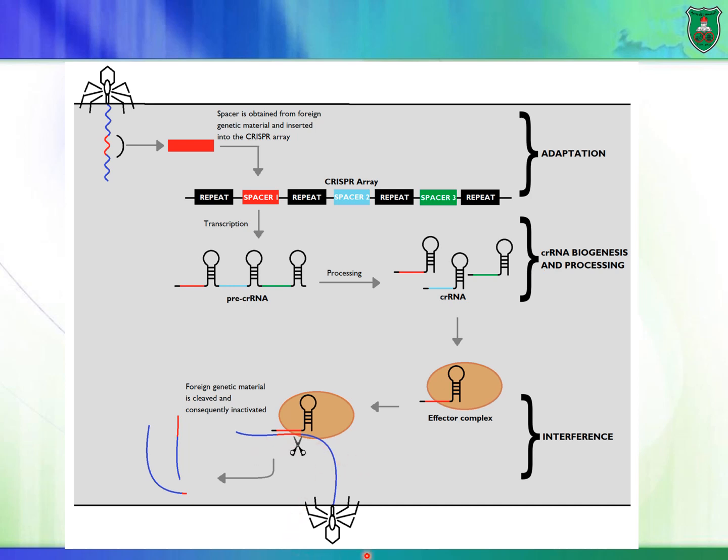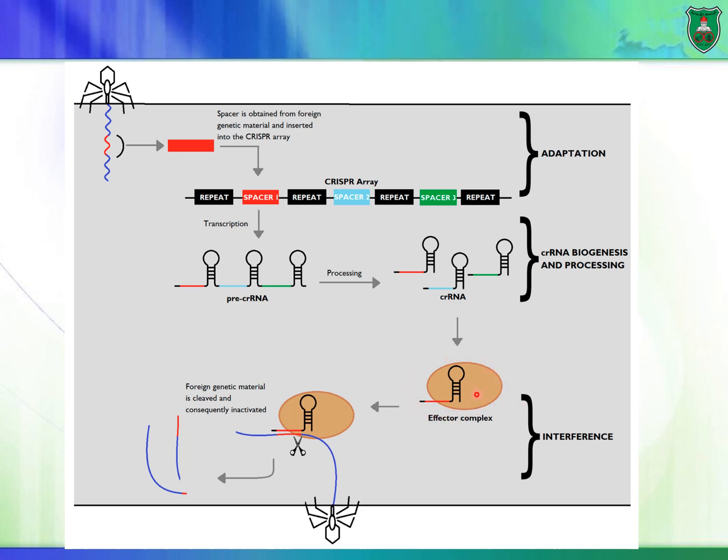But this bacteriophage is not successful in infecting cells. The reason is that the CRISPR genetic system is transcribed into RNA, and part of this RNA is taken, okay, so it's processed, and part of it is taken and it associates with the Cas9 enzyme.